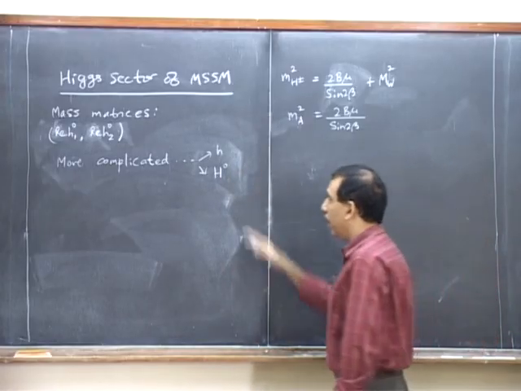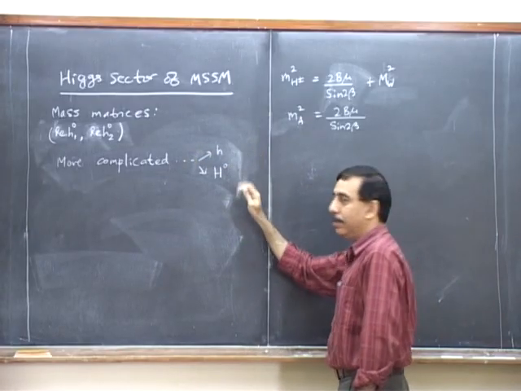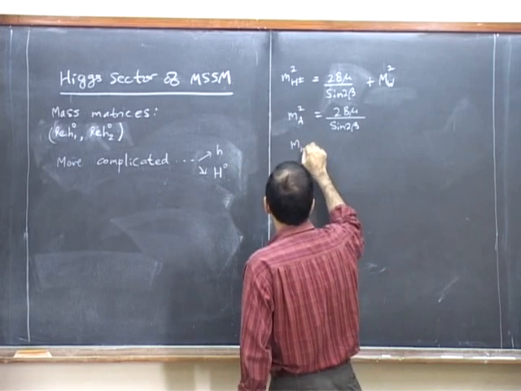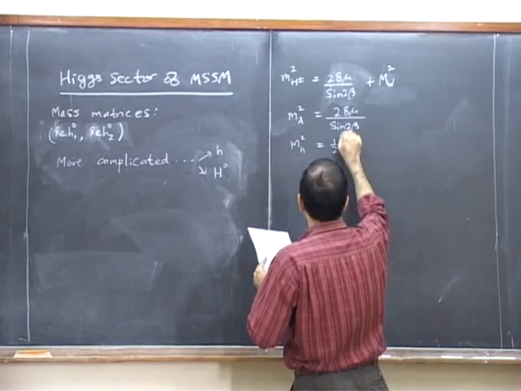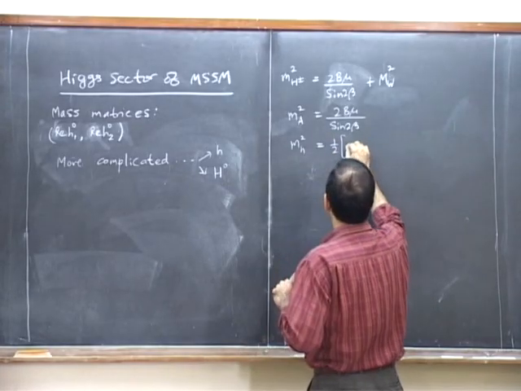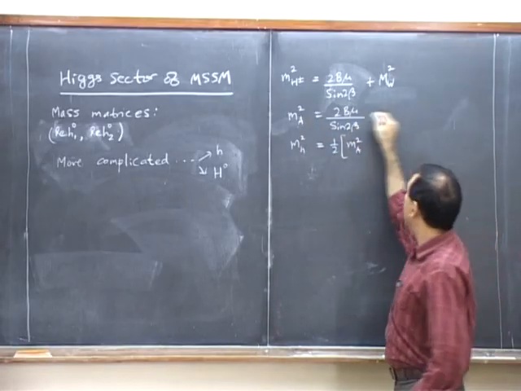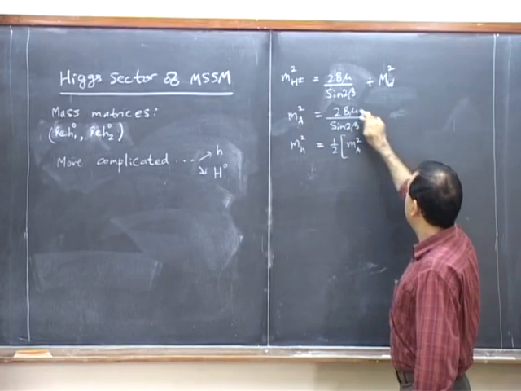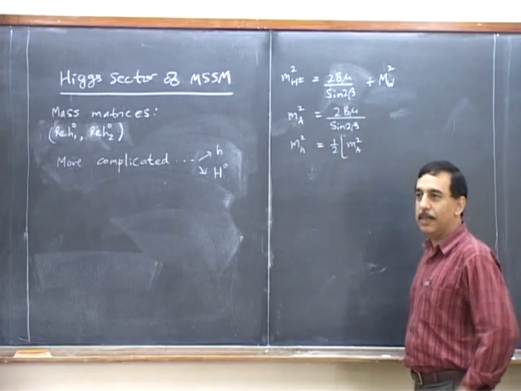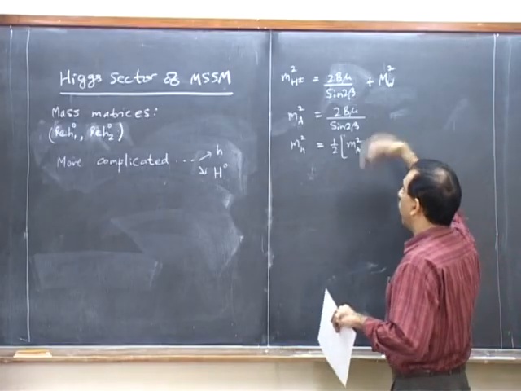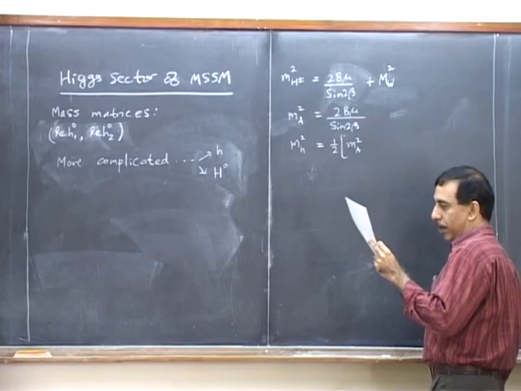So let me not write down the mass matrix, but just the answer for the mass eigenstates after diagonalization. So we find that the little h has a mass which is convenient to write in terms of this one. This actually plays a key role. So instead of writing these parameters, we just describe it as mA squared, and we'll write all the other Higgs masses in terms of this Higgs mass as one of the parameters.